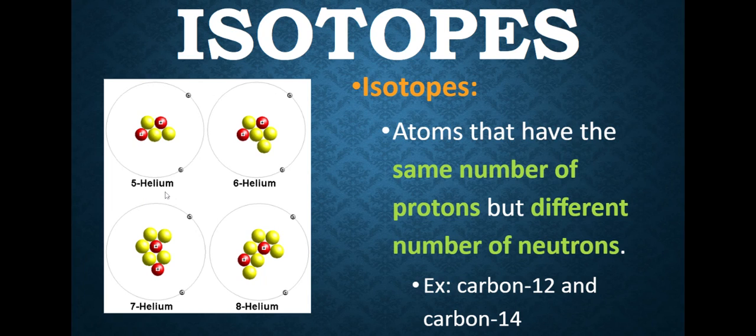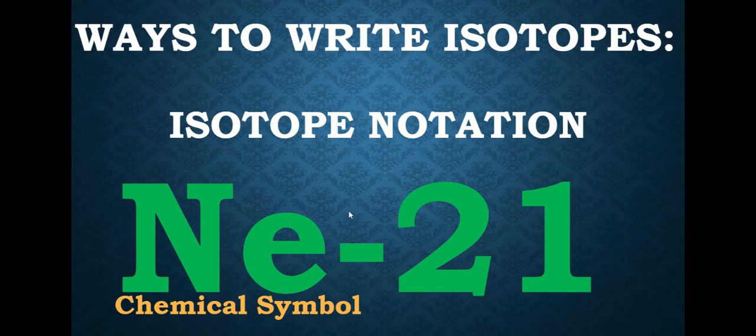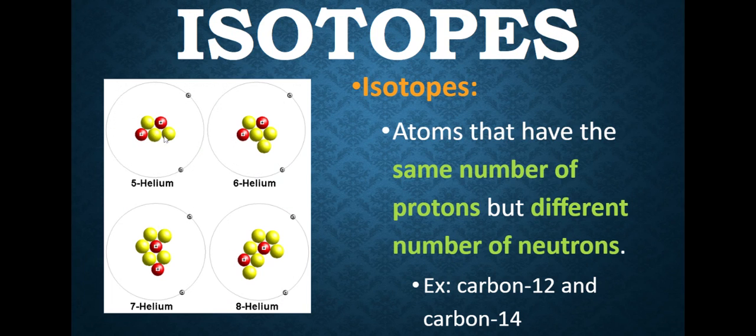This is helium 5, helium 6, helium 7, and helium 8. So what is causing these name changes? It's the number of neutrons.